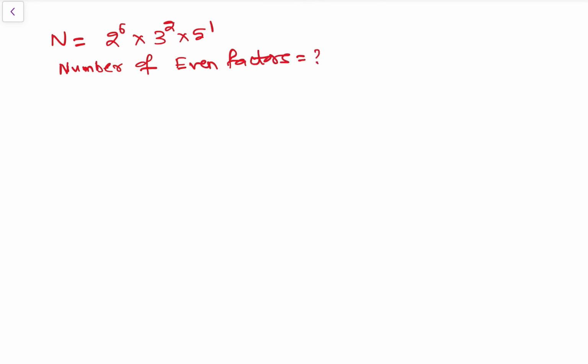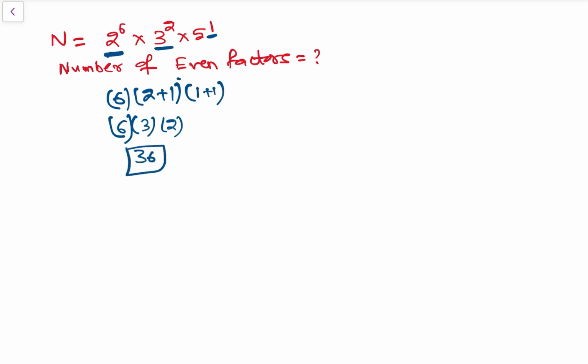So for the even number 2, its power 6 we will take as it is, and for the other odd numbers we add +1 to the power: 2 + 1 and 1 + 1. So that is 6 into 3 into 2. 6 3s are 18, 18 2s are 36. So the number of even factors of this number is 36.